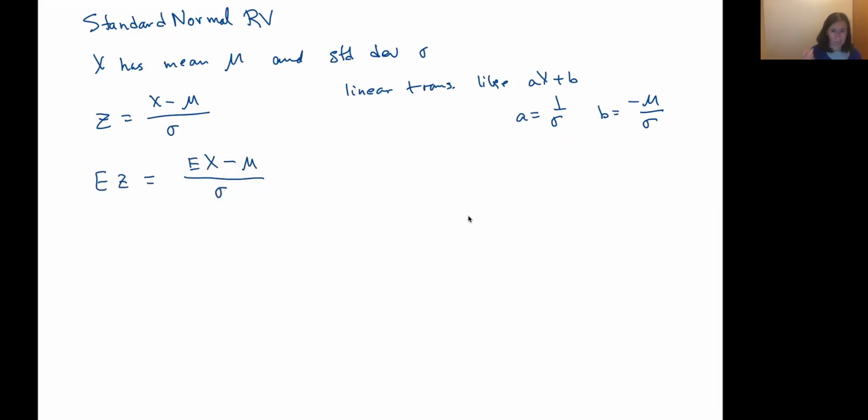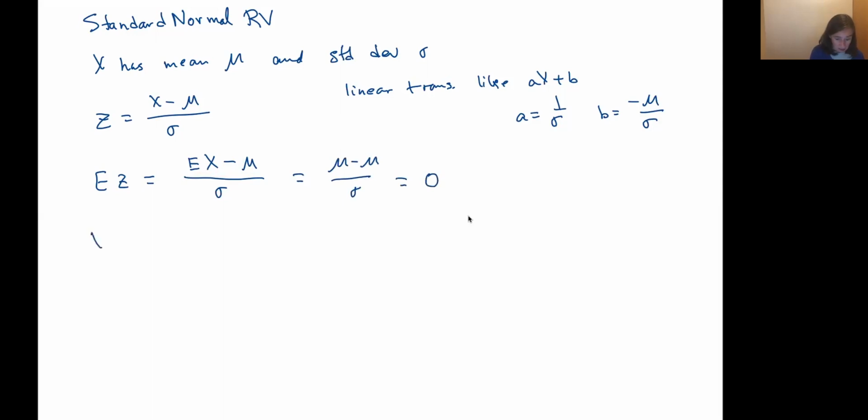Fine, that's just the expected value of a linear transformation is a linear transformation of the expected value. That's the step that required us to think about mu and sigma as numbers. Now we can remind ourselves of what number mu really is. Mu is the same number as the expected value of x. So this is just mu minus mu over sigma. It doesn't matter what sigma is, it's 0.